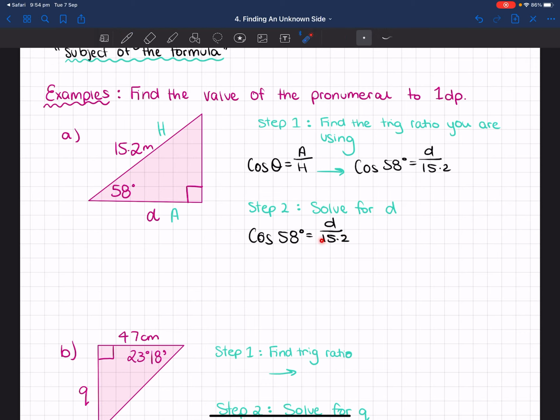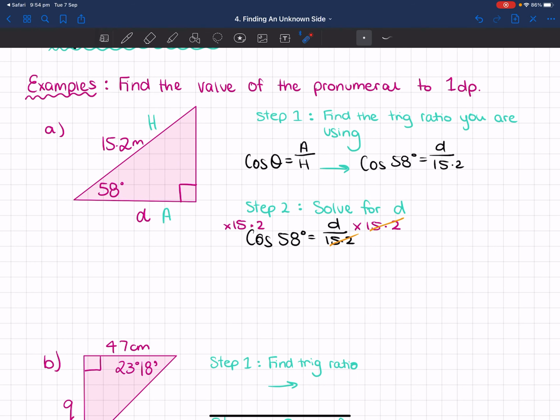Now, to get d by itself, it's in a fraction and it's dividing by 15.2. So we're going to want to multiply both sides by 15.2. And remember, by doing that, that eliminates those two and we're left with d. So on the right-hand side, we've got 15.2 times cos of 58 degrees is equal to d, and we can just rearrange it and write it on the other side if you want, so it's easier.